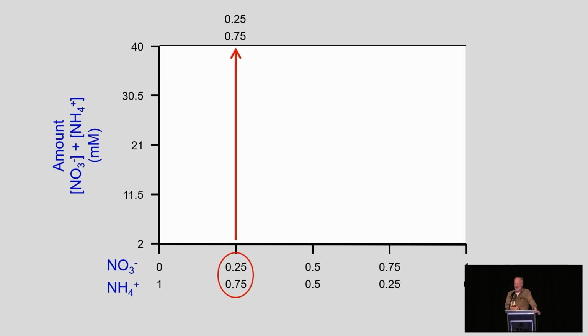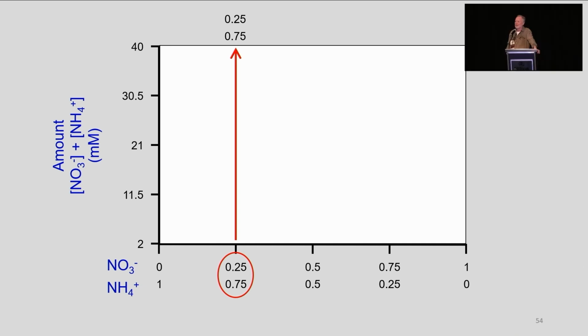But this is really the cool thing. Let me show you some of the properties of this. If we take the ratio, 25%, 75%, and we push that across the amount dimension, every point on that line is 25%, 75%. It does not vary.